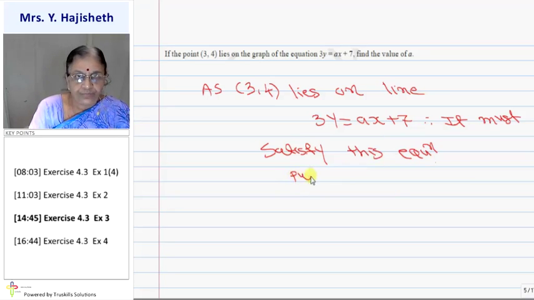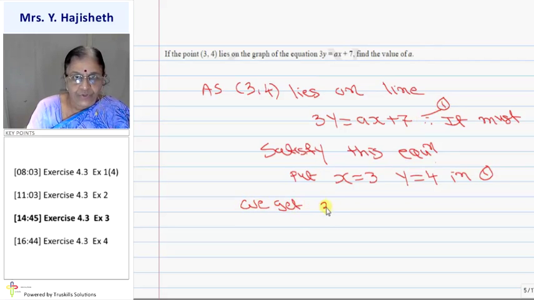So put x is 3 and y is 4 in number 1. This is my number 1. We get 3 into 4 is equal to a into 3 plus 7.